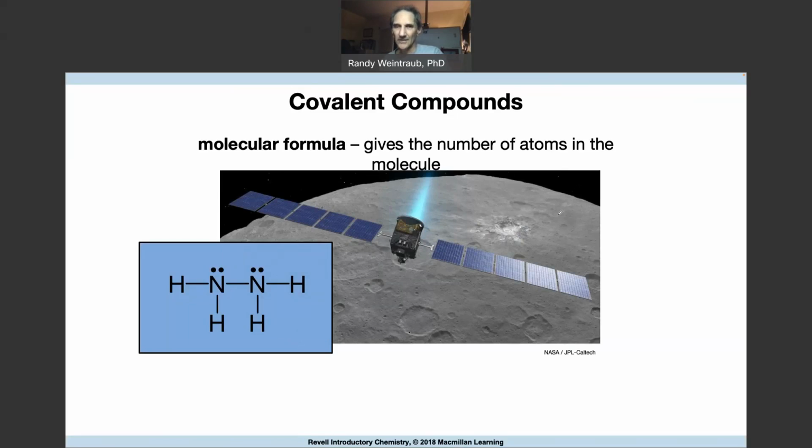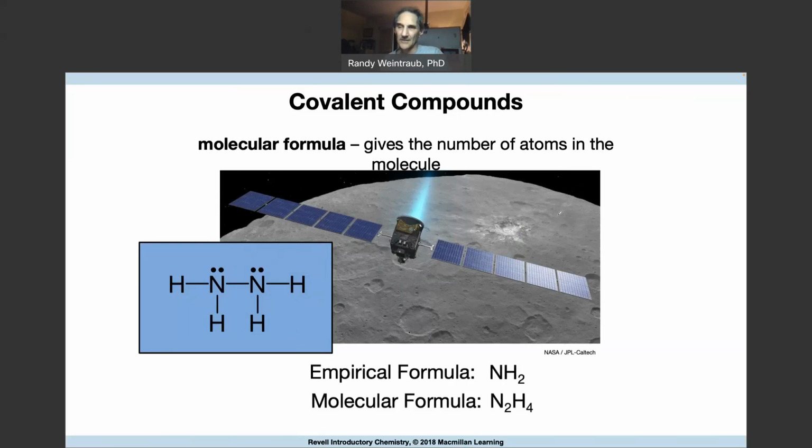The empirical formula of the compound, the simplest ratio, would be NH2. However, chemists prefer writing this in the molecular form, showing exactly the number of atoms in the actual molecule.